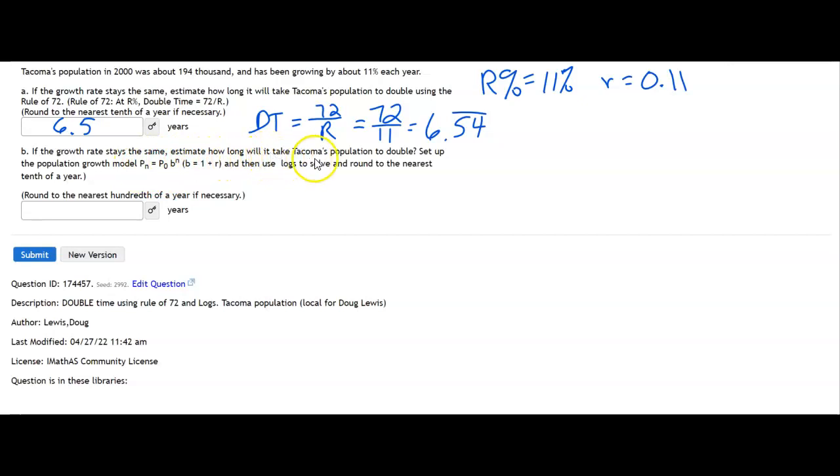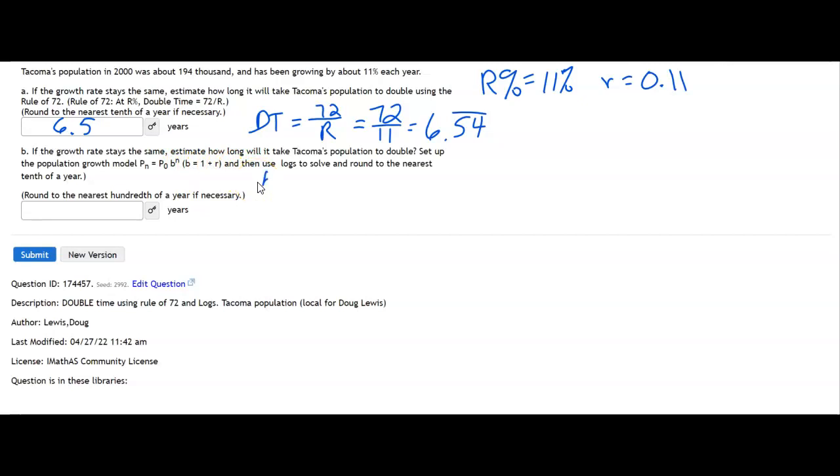Now, a more accurate way to do that, if the growth rate stays the same, estimate how long it will take Tacoma's population to double. Same question, but this says set up the population growth model P sub n is equal to P sub 0, the initial population, times b to the n power, where b is 1 plus r. And so we know in this case r is 0.11.